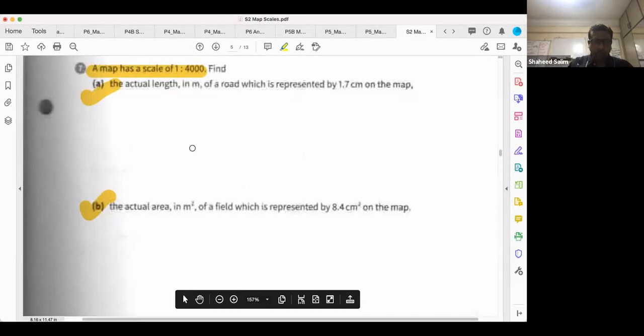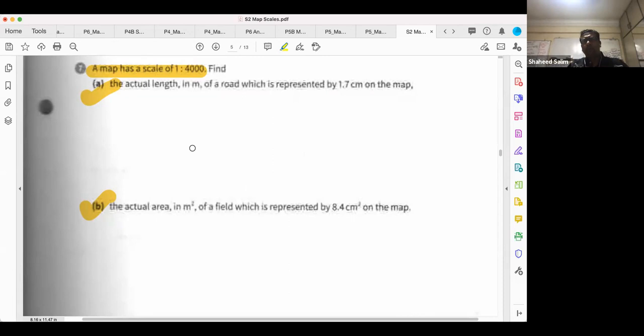Do A first, then we'll go to B in a moment. This is length still, it's not area, just normal. B is then area.